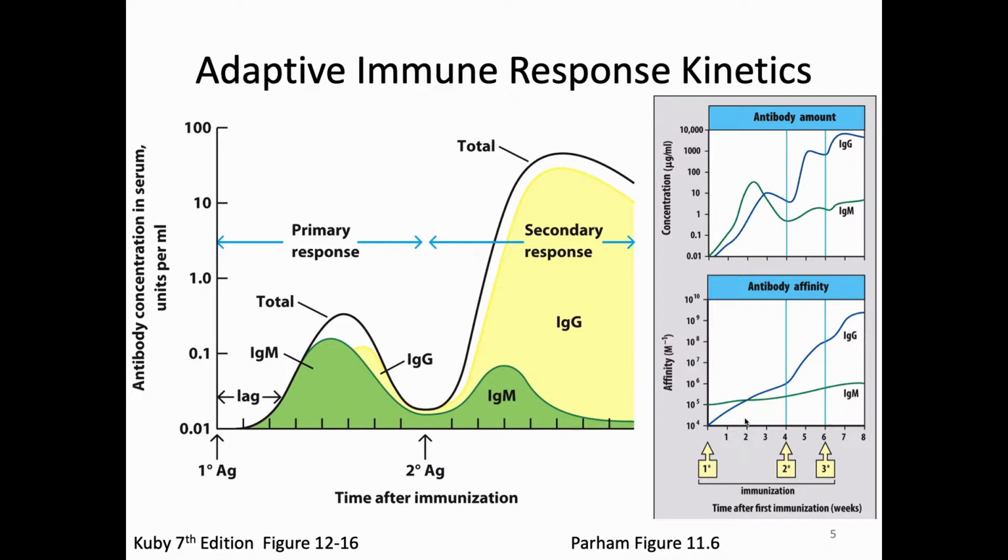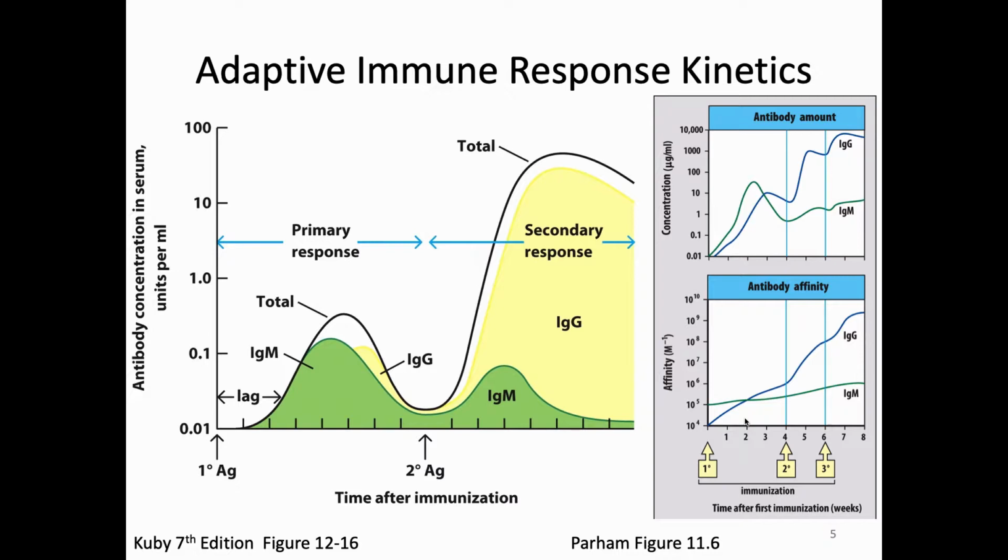If we see that antigen again, either in the case of immunization, as is done in experiments, or if you get infected with it again, as in real life, then we have a secondary response. And the secondary response is different than the primary response in a number of ways. First of all, we don't see that lag in when the response starts to happen.